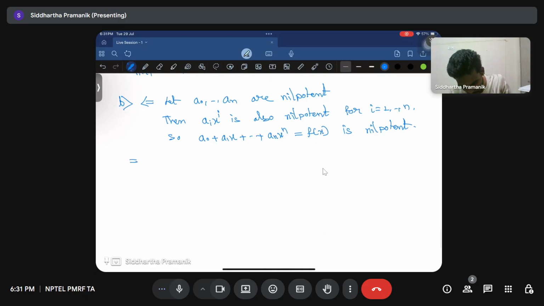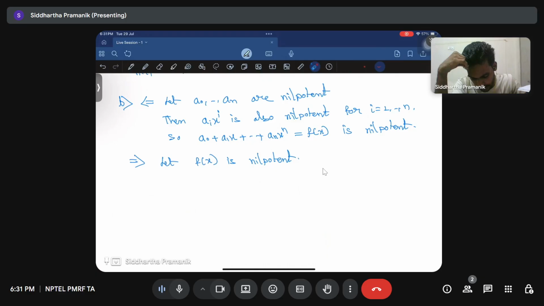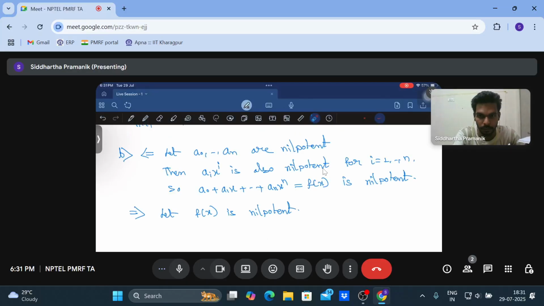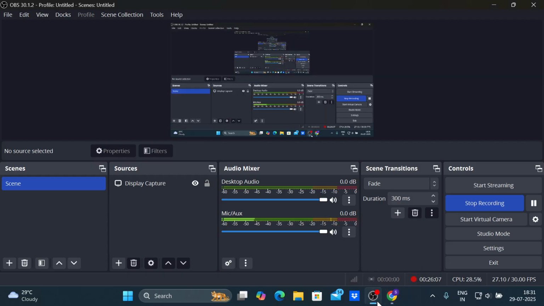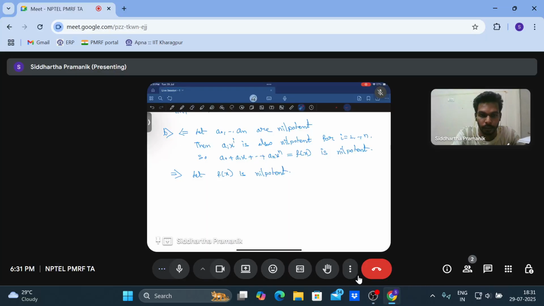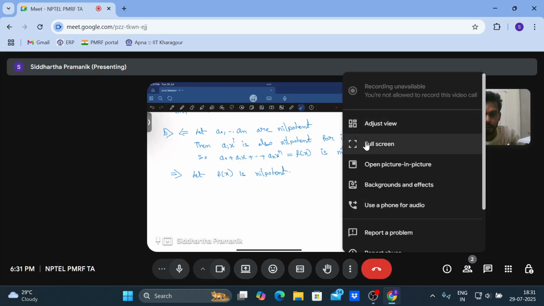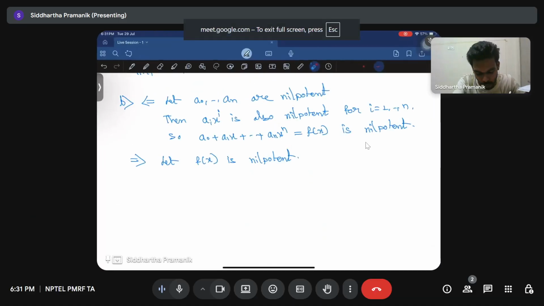Now let's prove the forward implication. So let fx be nilpotent. So we have assumed that this polynomial is nilpotent, and we need to prove that all its coefficients are nilpotent.